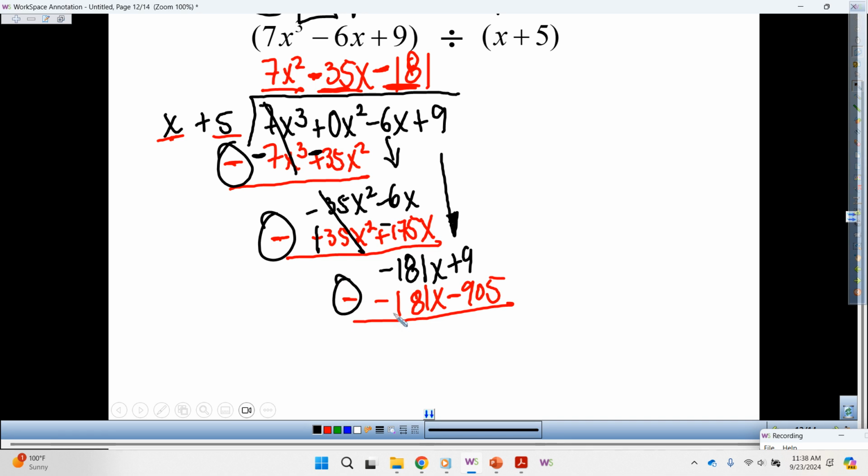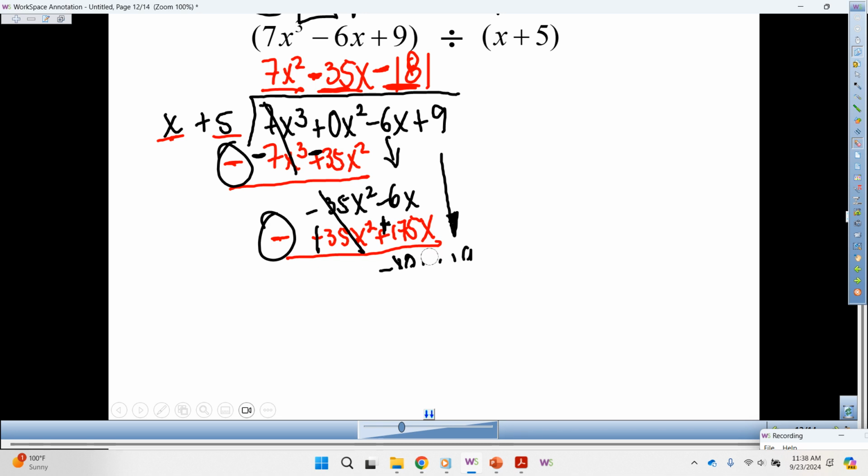Subtract. This becomes a positive. Positive cancels. Wait a minute, Mr. Q. Yes. 175 become positive. Negative. Oh yeah, my bad. Sorry, guys. Right here, this becomes positive 175.